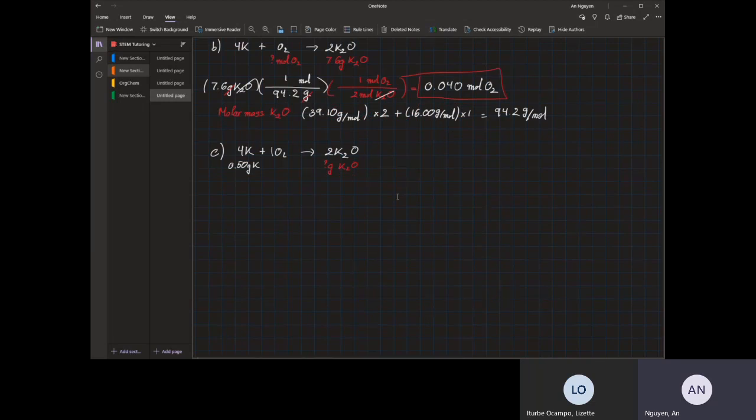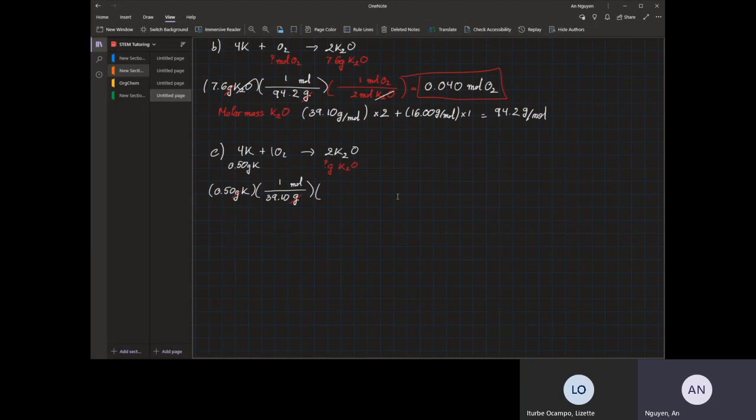So we have here 0.50 grams of K, and then first we have to convert that to moles. So moles on top and grams on the bottom, and we know that there is 39.10 gram for every 1 mole. This is from the periodic table that we just looked up earlier. So we can see that gram and gram cancel out.